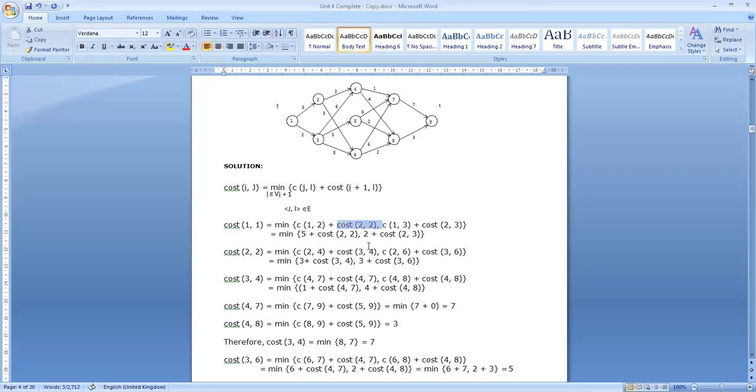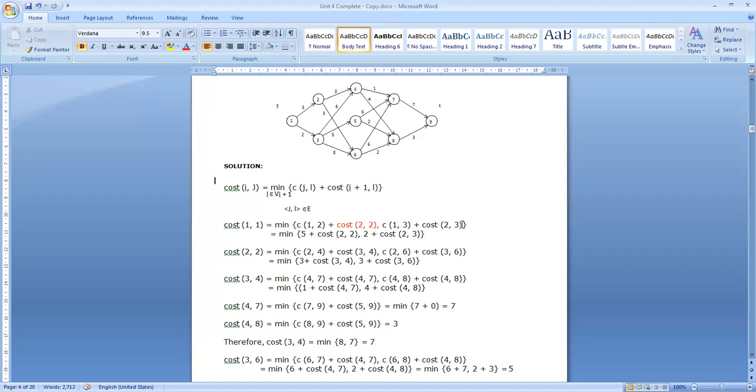Then C(1, 3), the weight value between vertex 1 and vertex 3, plus cost of (2, 3), the minimum cost value from vertex 3 in stage 2.